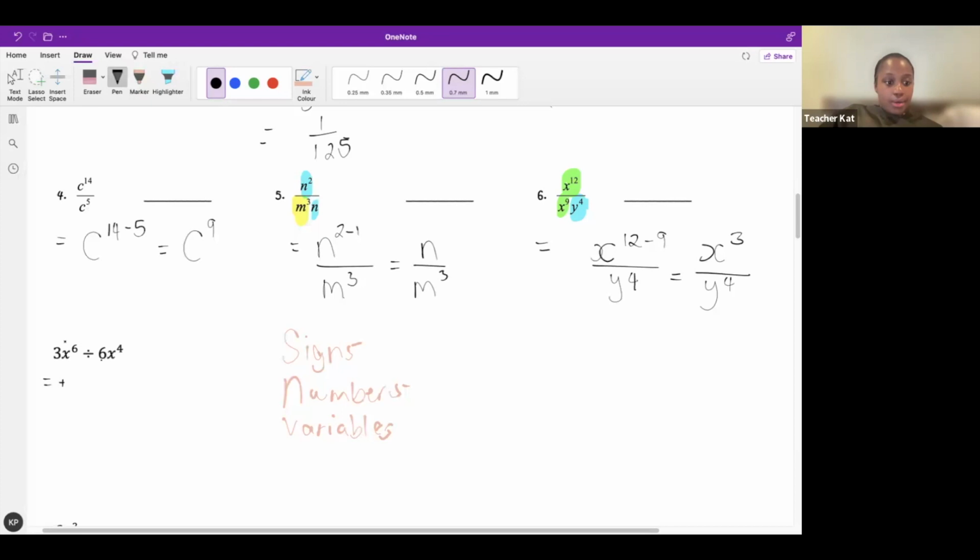Okay, now 3 goes into itself how many times? You can rewrite this if you prefer to do that, like so, X4. I think it looks better like that. 3 goes into itself once, thank you, and into 6 twice. And then in the numerator, I have x to the power of 6 divided by x to the power of 4. So then it's going to be x to the power of what minus what?